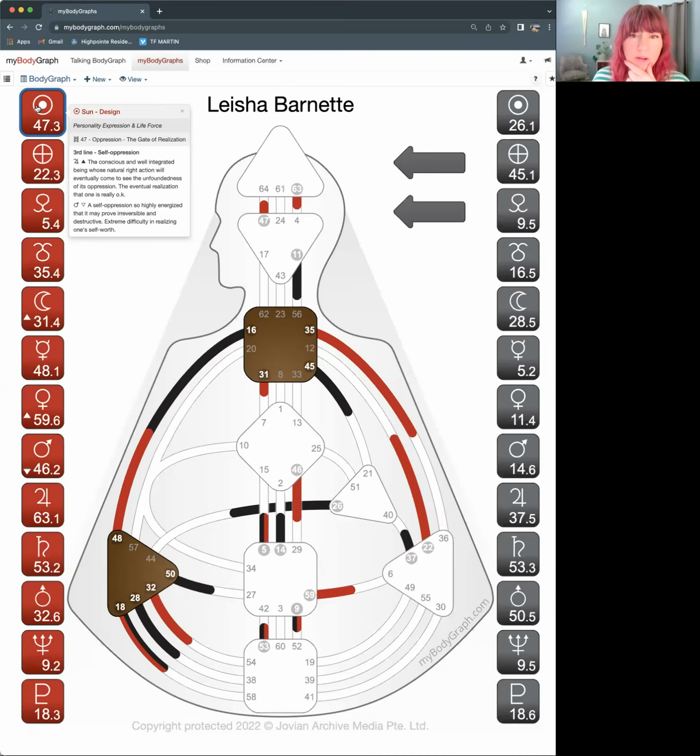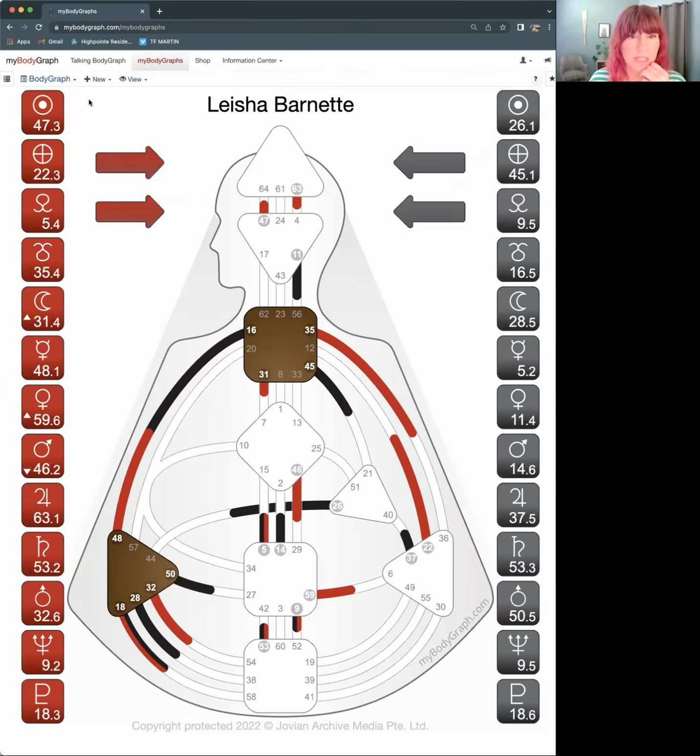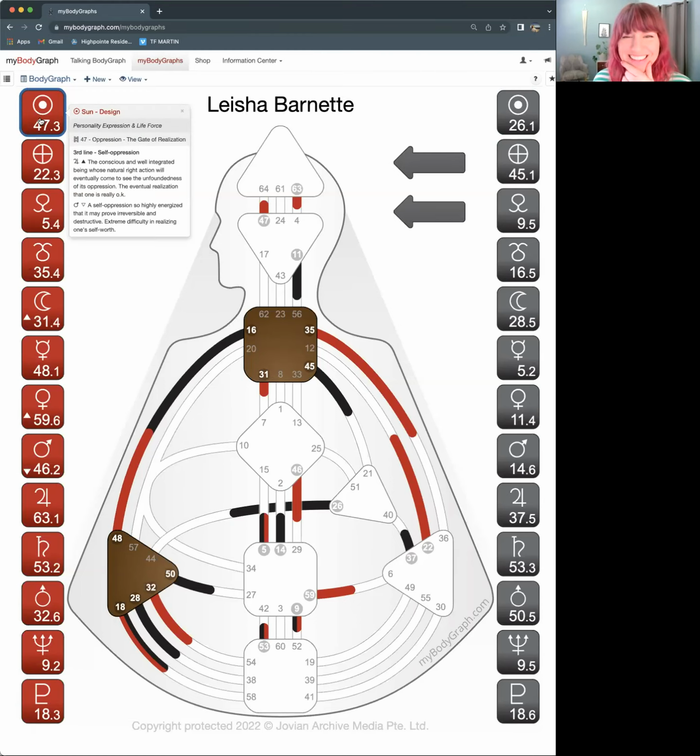It's interesting that some of the words are oppression and realization, but that's how it feels to me, with that being such a huge part, because of course these top 4 gates are 70% of our life force. It's our incarnation cross. So yeah, just sharing my own realizations with the 47 being such a huge part of my expression.